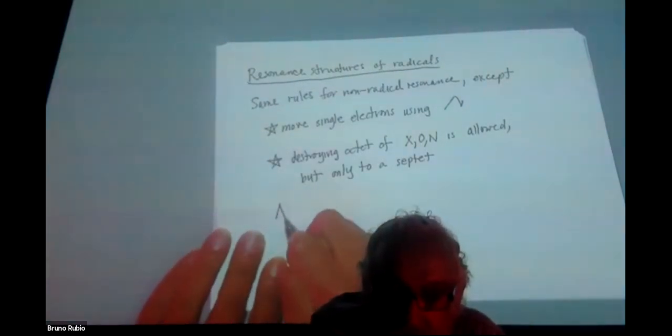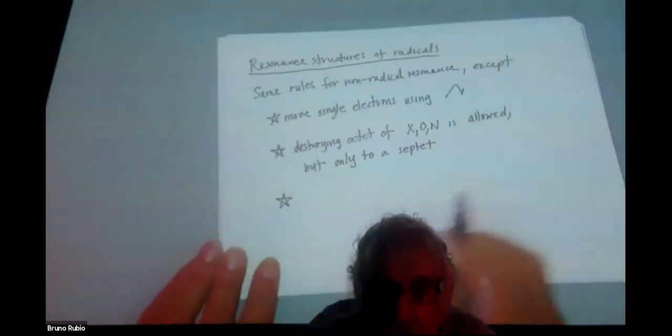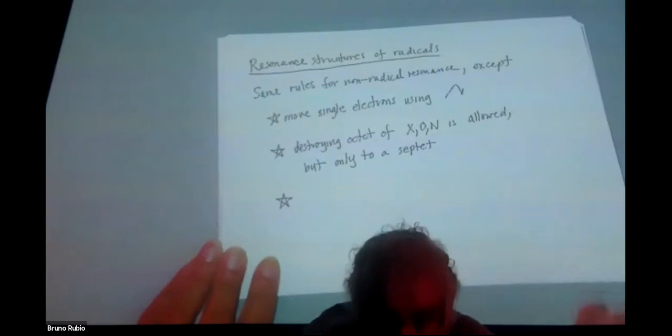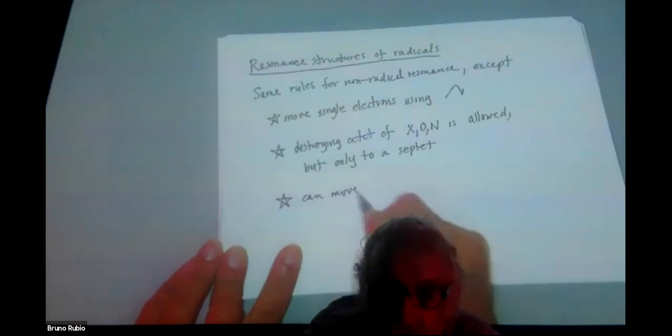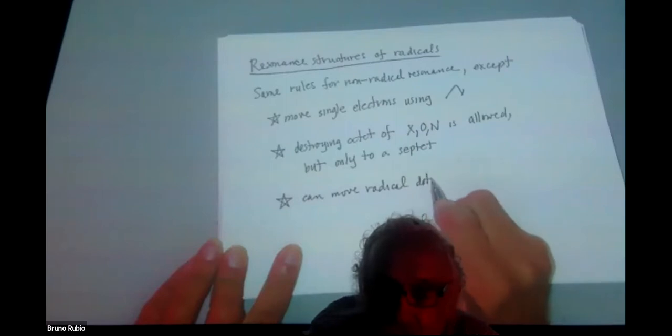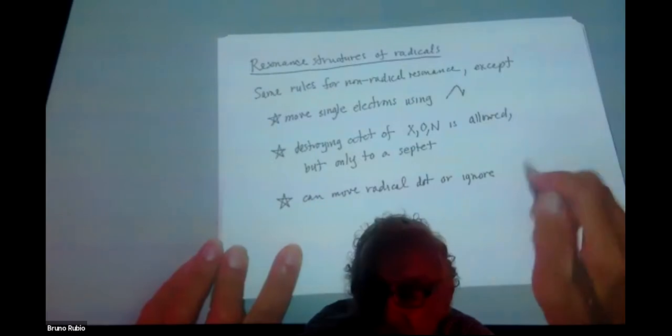Okay, how else is this different? How else is writing resonance structures for radicals different from non-radicals? It's that you can move the radical dot, or you can ignore the radical dot.